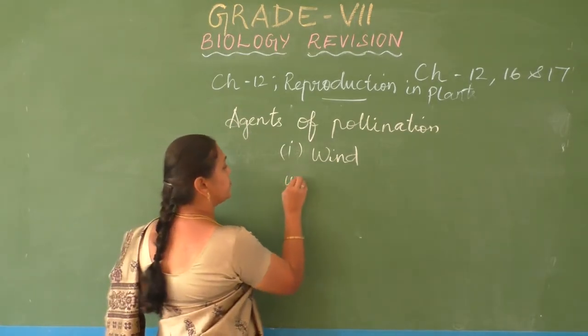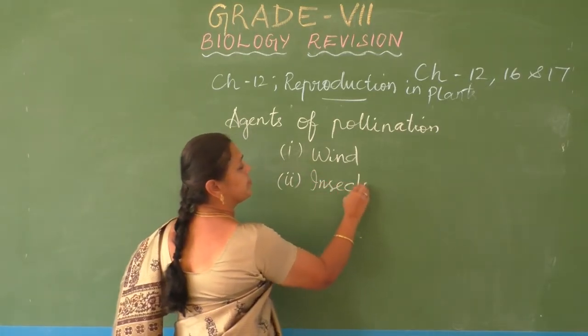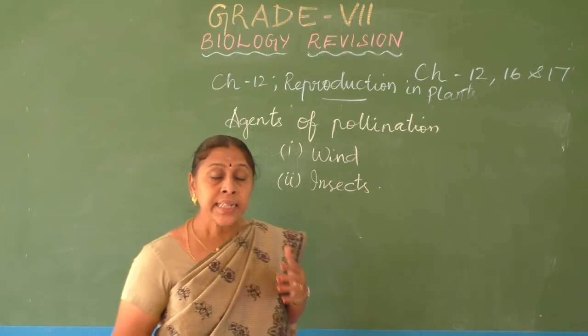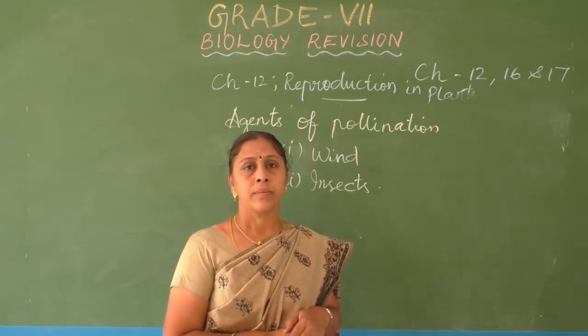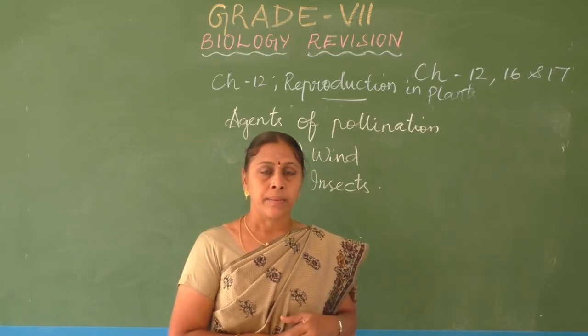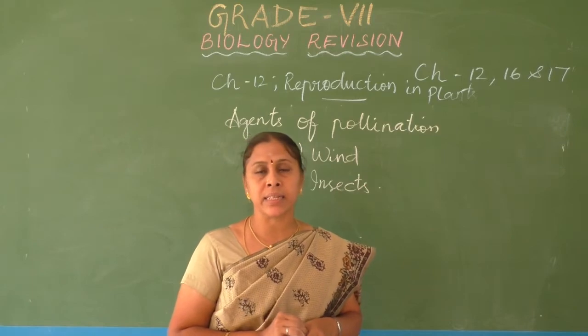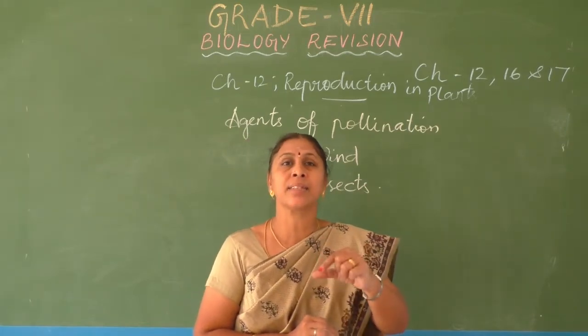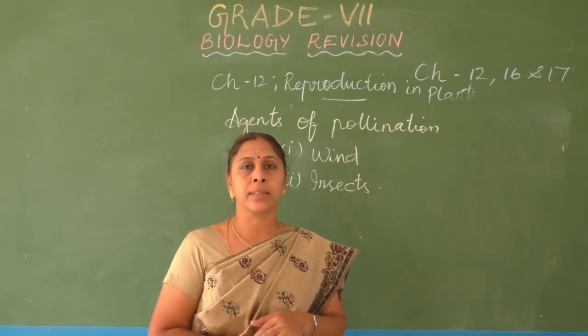Another one, insects. When the insects visit the flower for sucking honey, the nectar, the pollen grains will be attached to the body of the insects. As these pollen grains are sticky in nature, they will stick to the body of the insects.